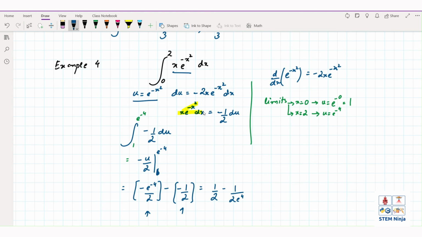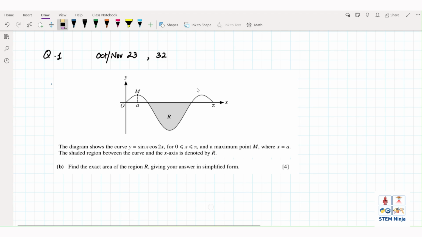Now, let's see some past paper questions and see what kind of problems we can use integration by substitution. In most of these cases, you will see that they will give you the expression to substitute. All right, so let's see this question.